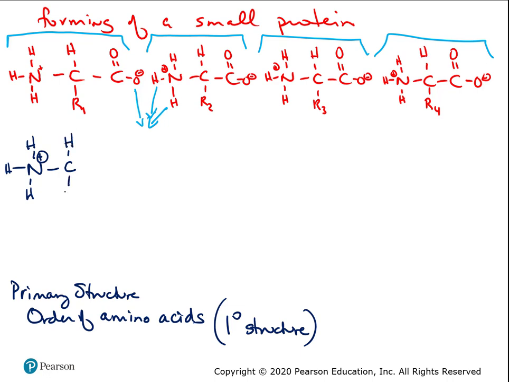The middle carbon is not affected; that middle carbon is the one that has the R group on it. But the third carbon still has its double bond oxygen, but it loses the other oxygen. The other oxygen comes off, and instead the link is formed between this carbon and the nitrogen on the next amino acid.